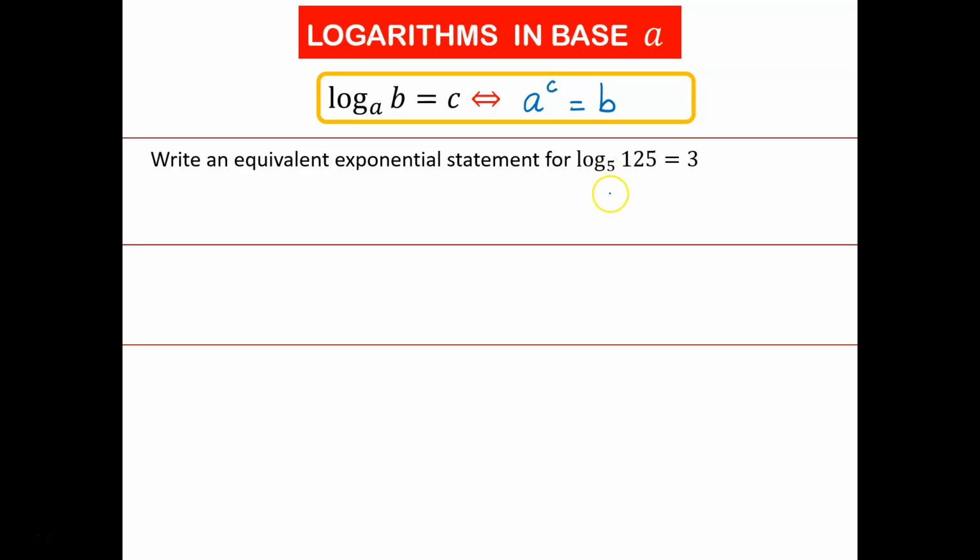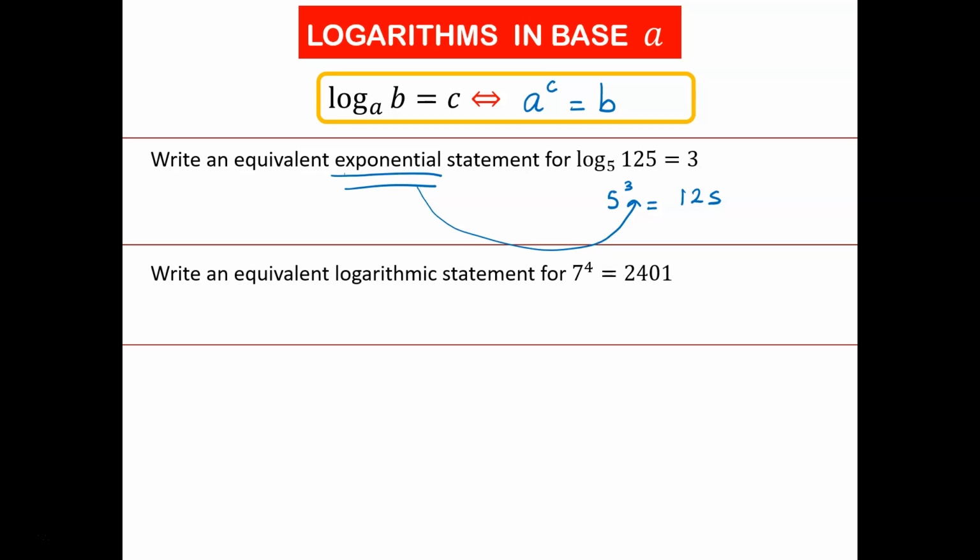So here we go. That simply means 5 to the power of 3 is equal to 125. We've written down an exponential statement because it has an exponent. All done. That's simple. Next one. Write an equivalent logarithmic statement for that. Okay. We write down log. What's the base here?